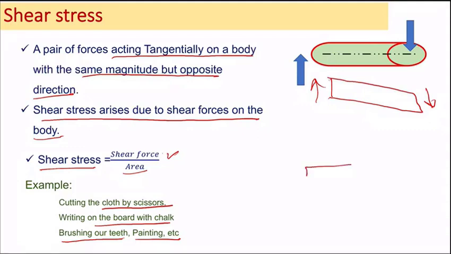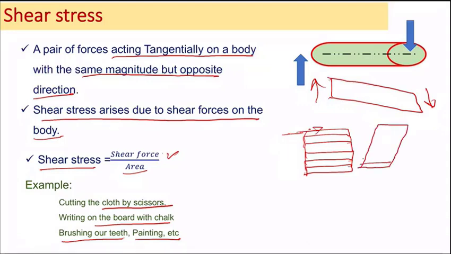For example, if a stack of cards is placed on the plane, now I am applying a force on the top surface. Due to this, all the cards will bend like this. It will tilt to some angle due to the shear force.